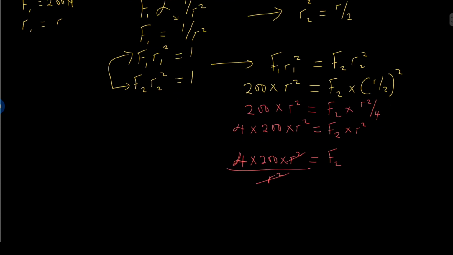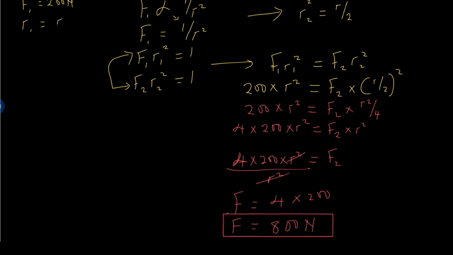You are left with F2 equals 4 times 200, and that's 800 newtons. So the F in this case is F2.